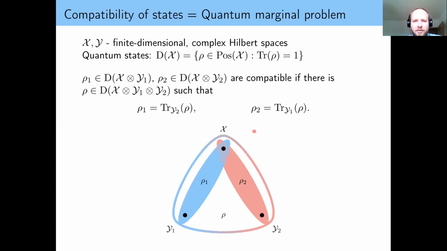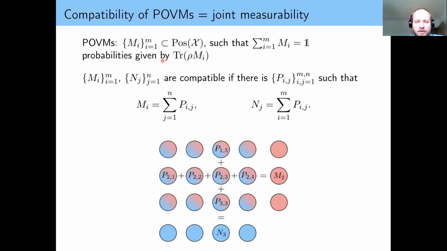The second type of compatibility that we considered is compatibility of POVMs, also known as joint measurability. The idea is as follows. A POVM is a set of positive operators that sum up to the identity matrix, and this represents a measurement performed on the quantum system. We get the probabilities by computing the trace of the state multiplied by the POVM element.